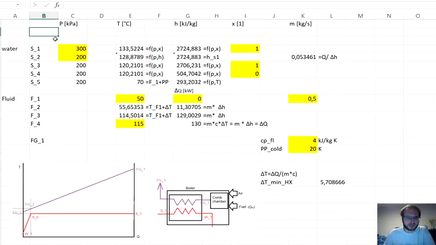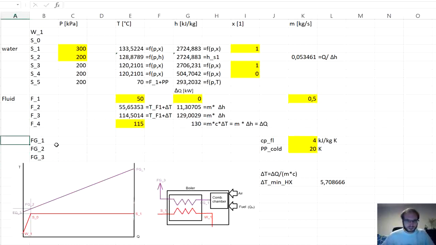So now putting the new parameters and new points and streams in our table, we will extend it a little bit. So here I made space at the water side for the point 0 and for the points W1, and for the flue gas we will have flue gas at point 1, point 2 and at point 3.